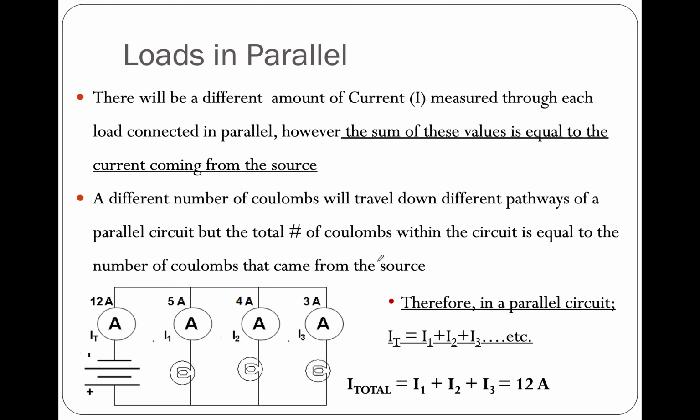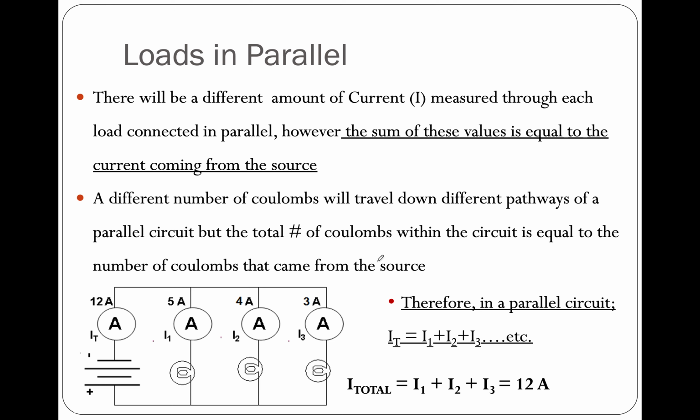But then we have another junction point, and we see that of that 7, 4 go this way, and the remaining 3 just goes up here. Once we get here, we now have 7 amps of charge again, and then once it hooks up with the 5 back here, we're back to 12. And then that process just repeats and repeats. So that's how that works.